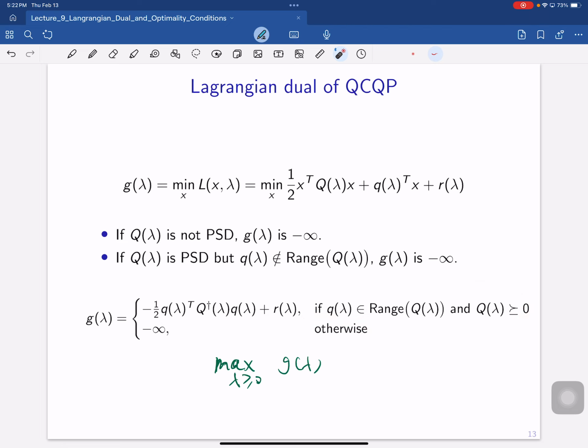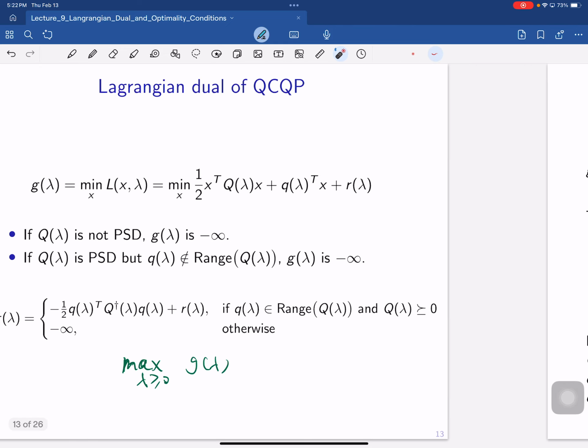And now the question is, how do you enforce this constraint such that you only let the lambda fall into this case? Because you want to find a lambda that gives you a non-trivial lower bound. You don't care about this minus infinity case. You only care about this particular condition here. But then how do you enforce this condition in the dual, right?